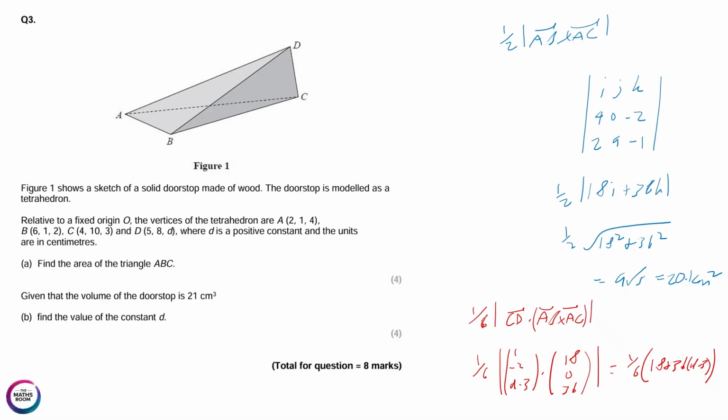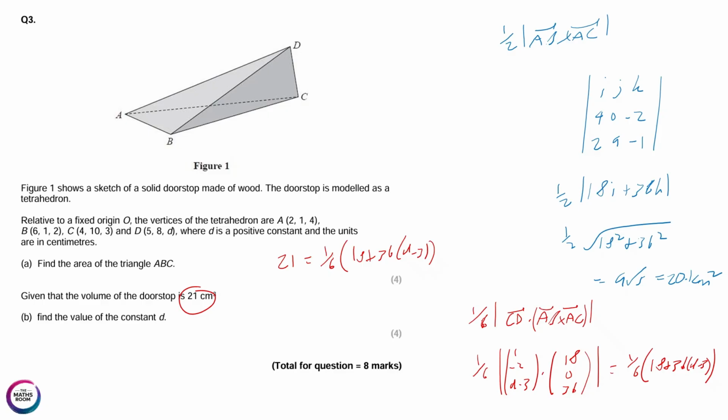Now I know that equals 21, they tell me in the question. So 21 equals a sixth of 18 plus 36 lots of D minus 3. It's a little bit of rearranging.